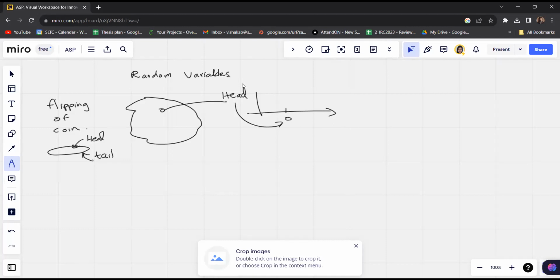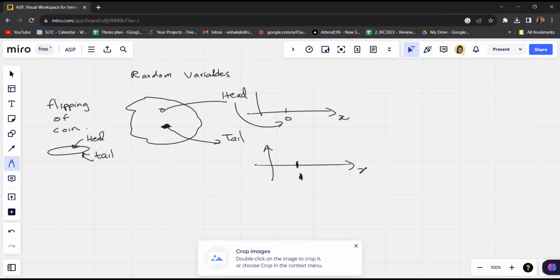If I take the general axis as x, x can take either 0 for head, or, if the output of this experiment is tail, then we can denote that output as 1.